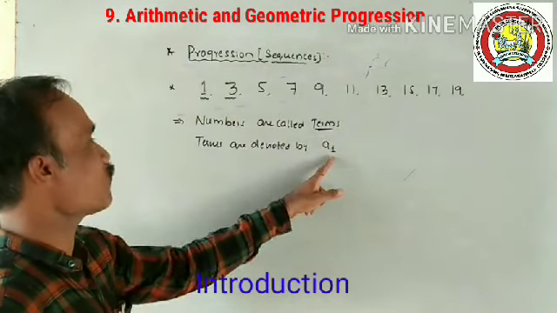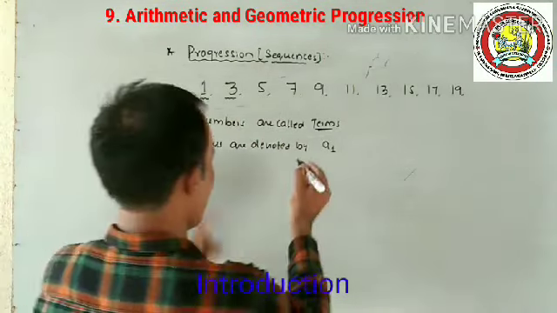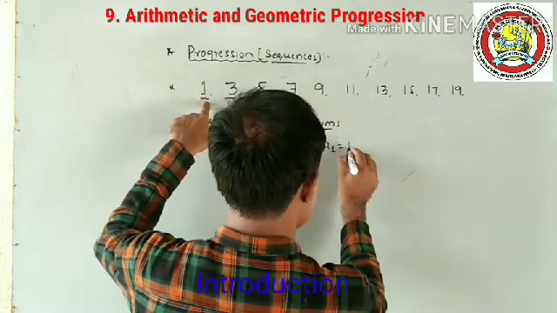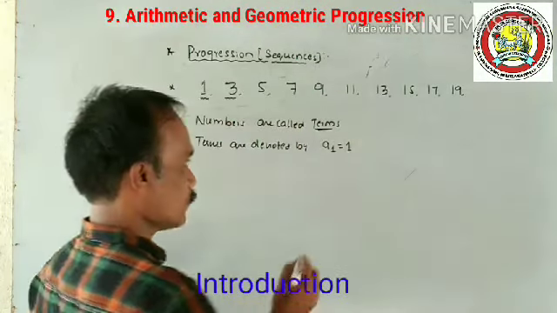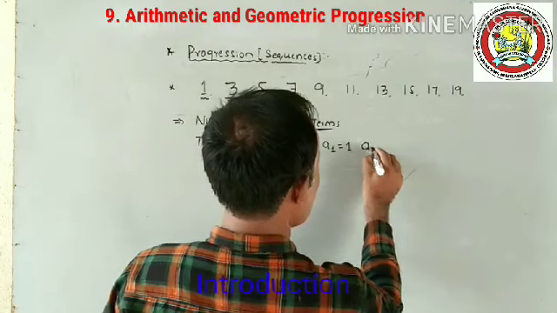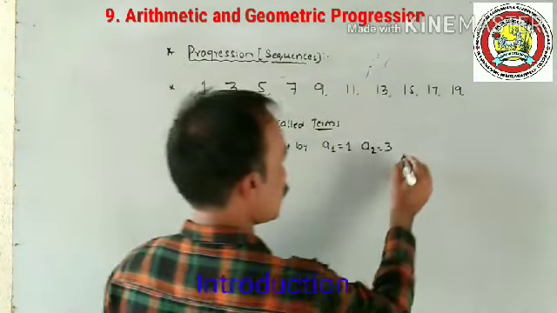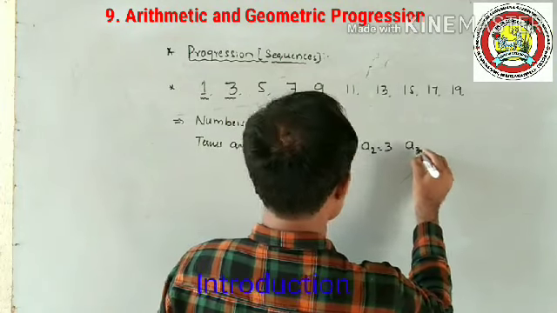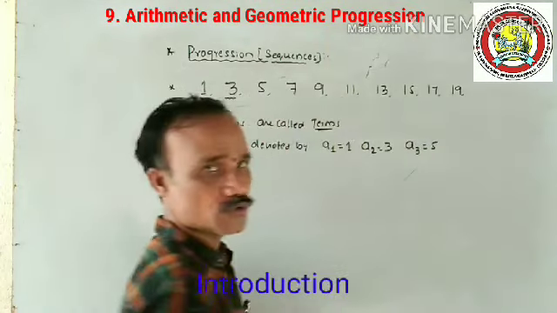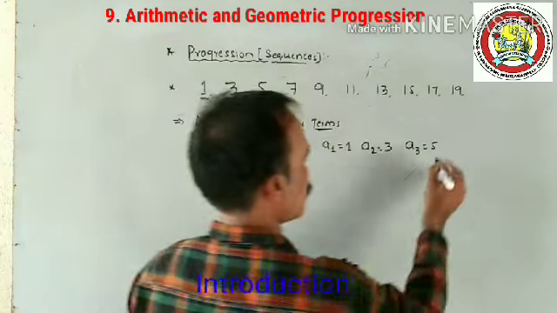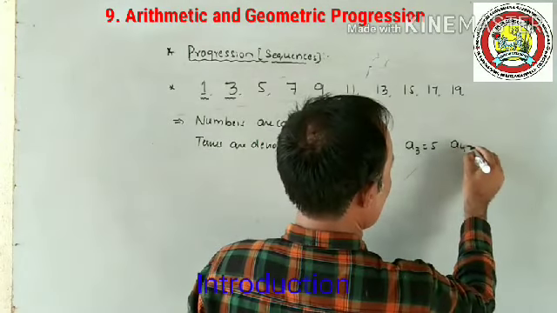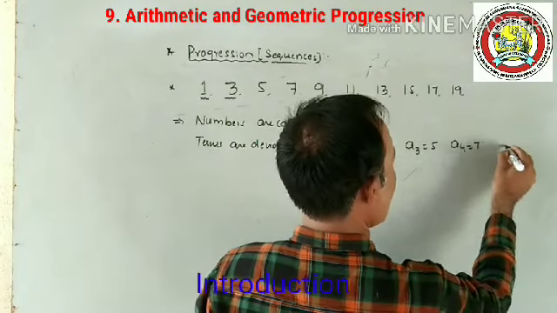A1 means the first term. In this example, the first term is 1. Next, A2 is the second term, that is 3. Third term A3 is equal to 5. Fourth term A4 is equal to 7 and so on.